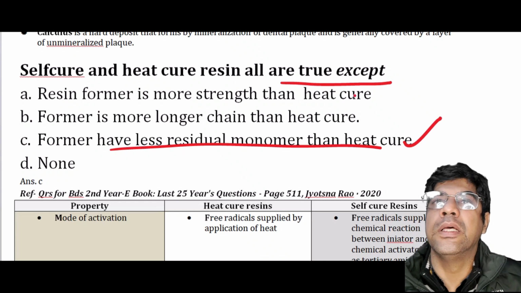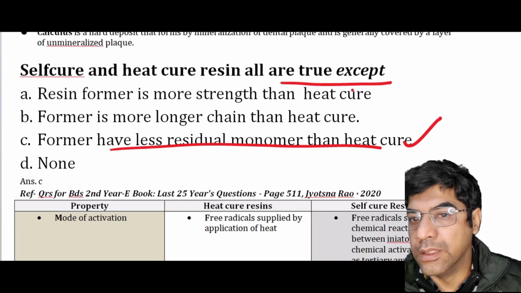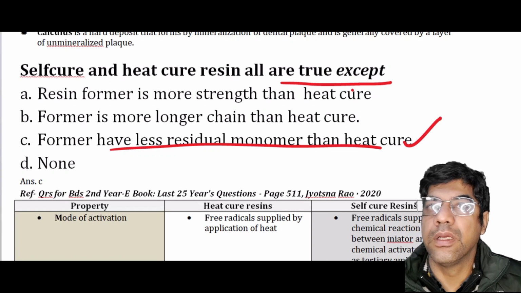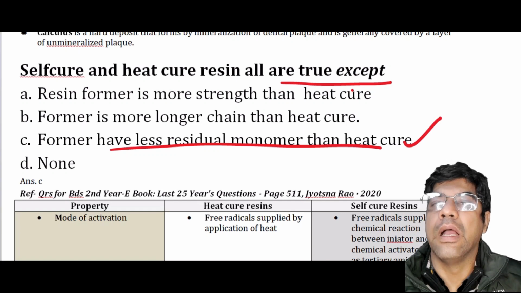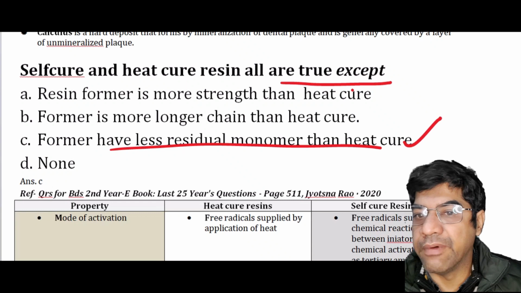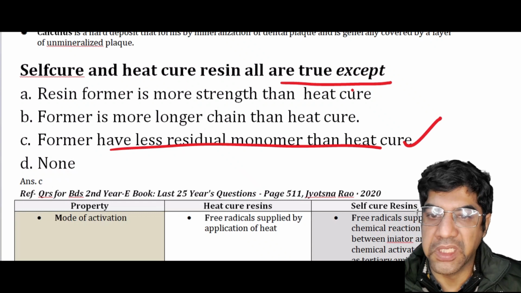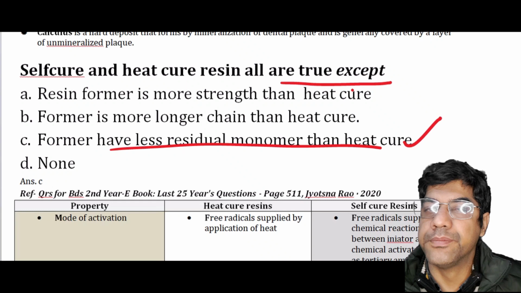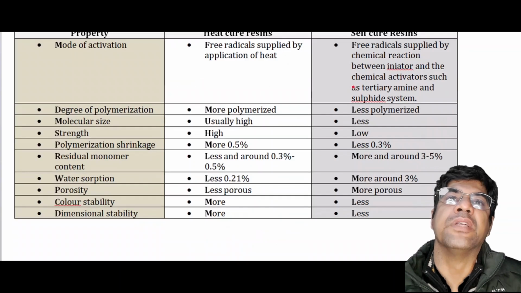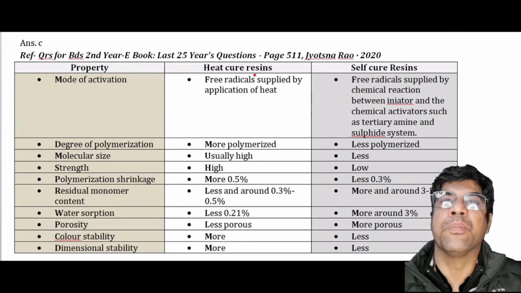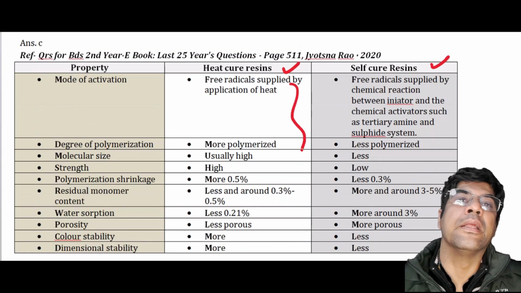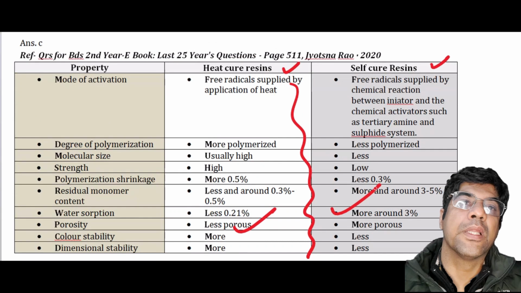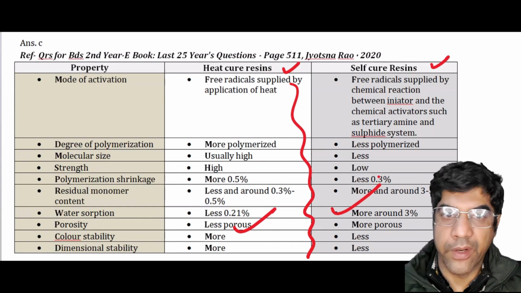So in a journal, the self cure has higher level of residual monomer compared to heat cure. So this one is the difference, the table between the properties of the heat cure resin and self cure resin and their differences. Remember that from your exam point of view.